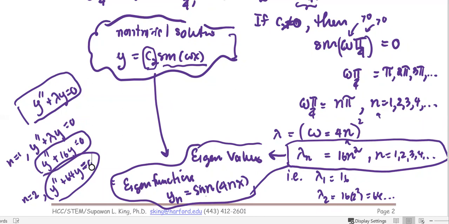So for n equals 1, we get the solution y1 as psi of 4 times 1 times x, which is psi 4x. For the second one, we get the corresponding eigenfunction y2 equals psi of 4 times 2 times x, which is 8x.